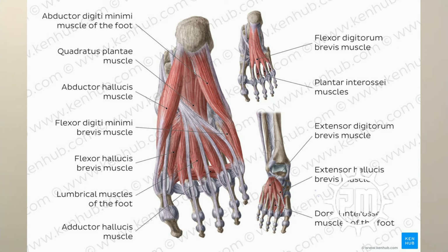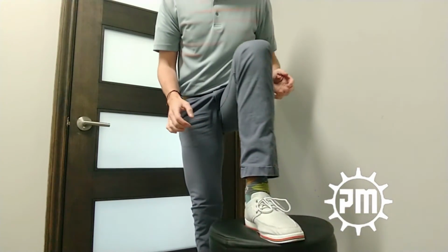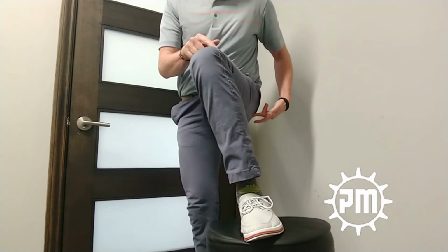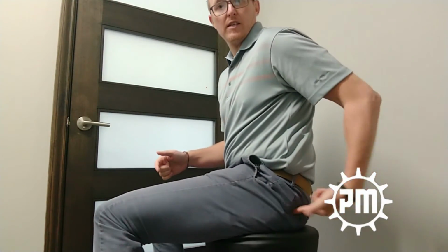A couple of reasons why the foot can dive in like that: one is the strength of the foot, but the secondary factors, when the foot dives in, is that the hip and knee go, so we also have to look at the hip strength when you put weight on it, and the quad strength to do that.